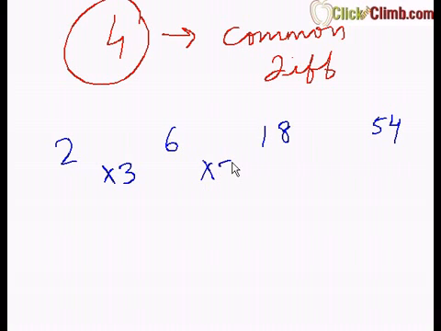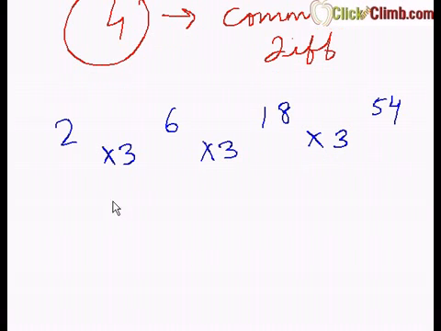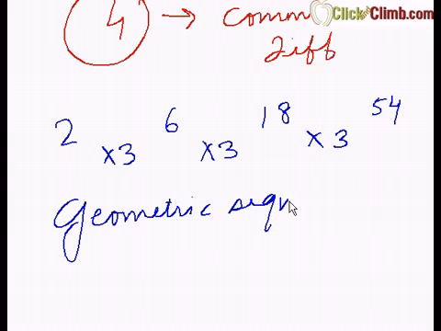If I multiply 6 by 3, I'll get 18. If I multiply 18 by 3, I get 54. So here the geometric sequence comes into existence. Now what's a geometric sequence?